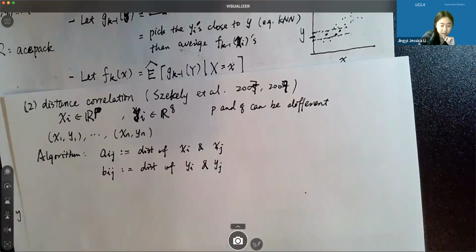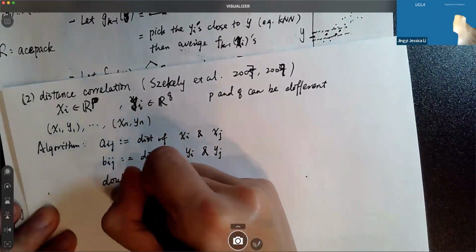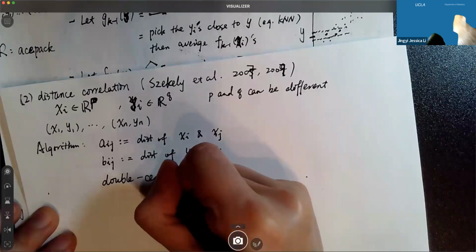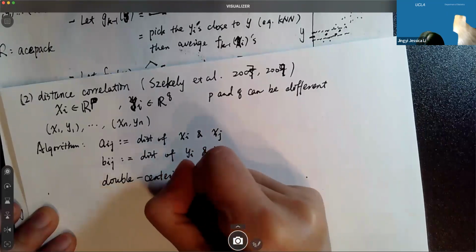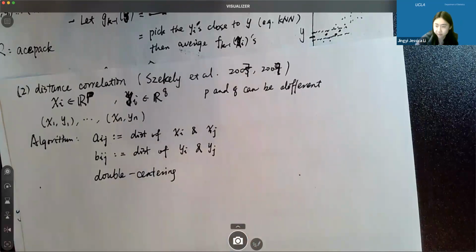Given all these distances, you perform a strategy called double centering. Double centering makes sure that when you sum up over all the i's, from 1 to n, keeping j fixed, you get 0, and when you sum up over all the j's keeping i fixed, you get 0.